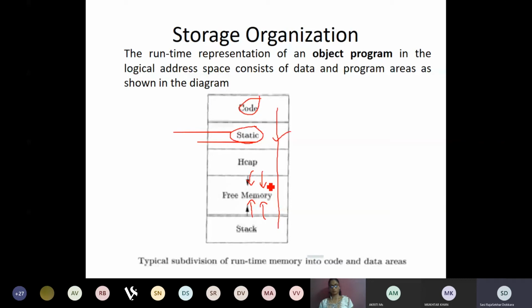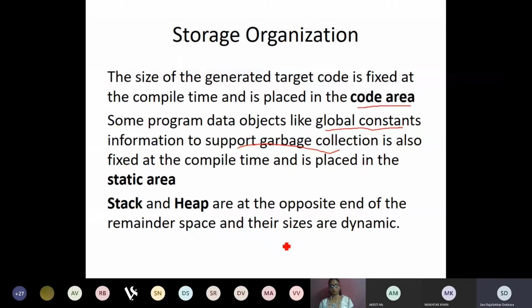They are dynamic in nature because their sizes keep changing as the program runs. So the extra space is given, which can be utilized by them, and they can start growing in each other's directions. That is the way in which stack and heap are organized.